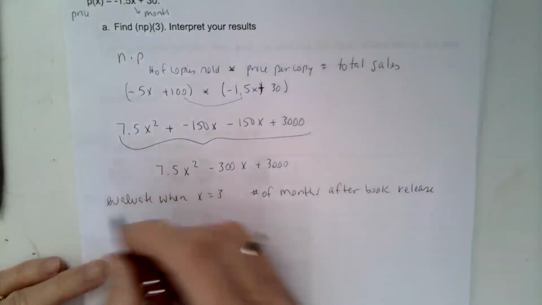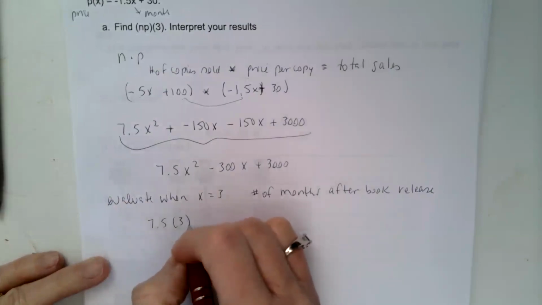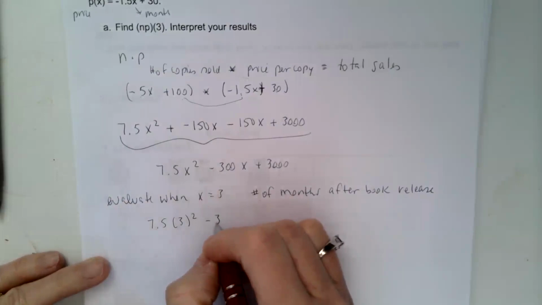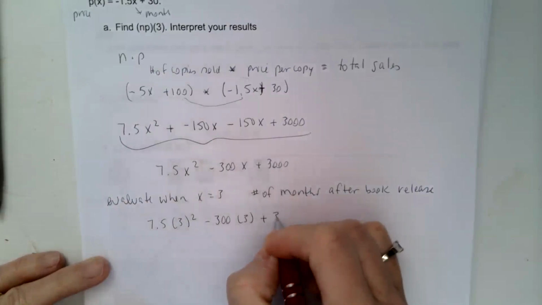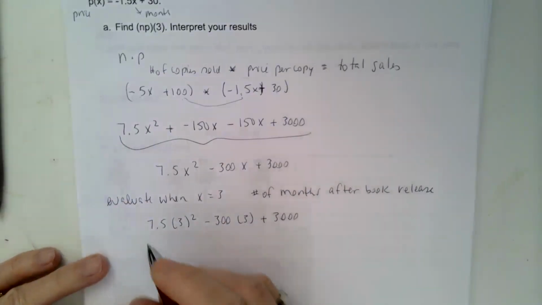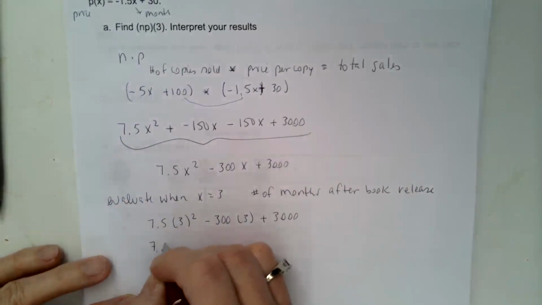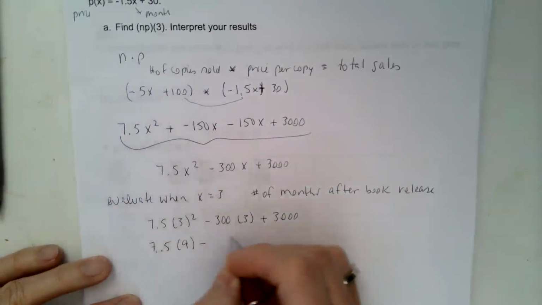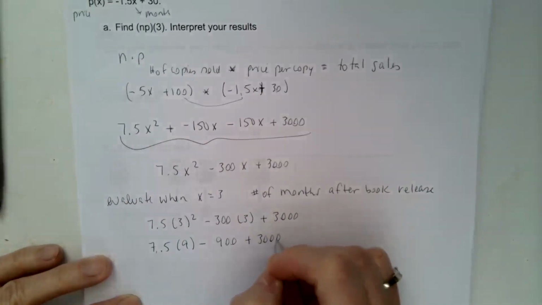So that means 7.5 times 3 squared minus 300 times 3 plus 3,000. So 7.5 times 9 minus 900 plus 3,000.